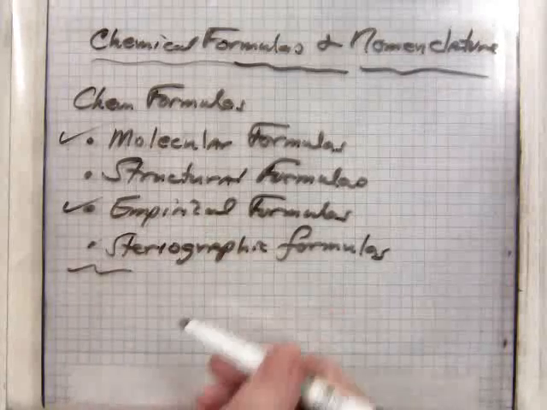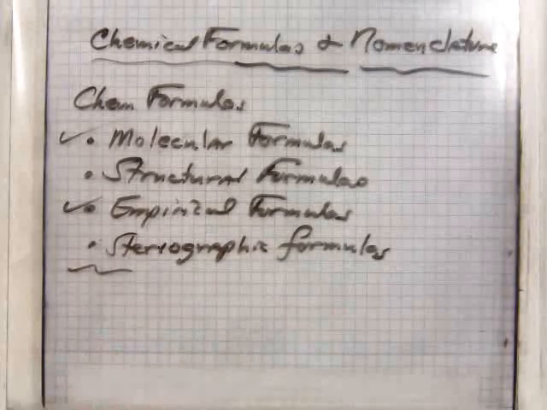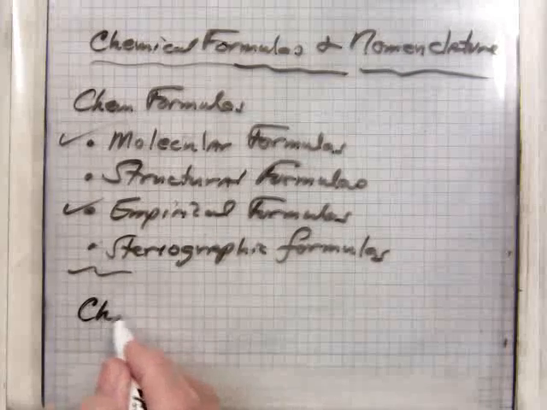Typically, a chemical formula consists of a positive component and a negative component.